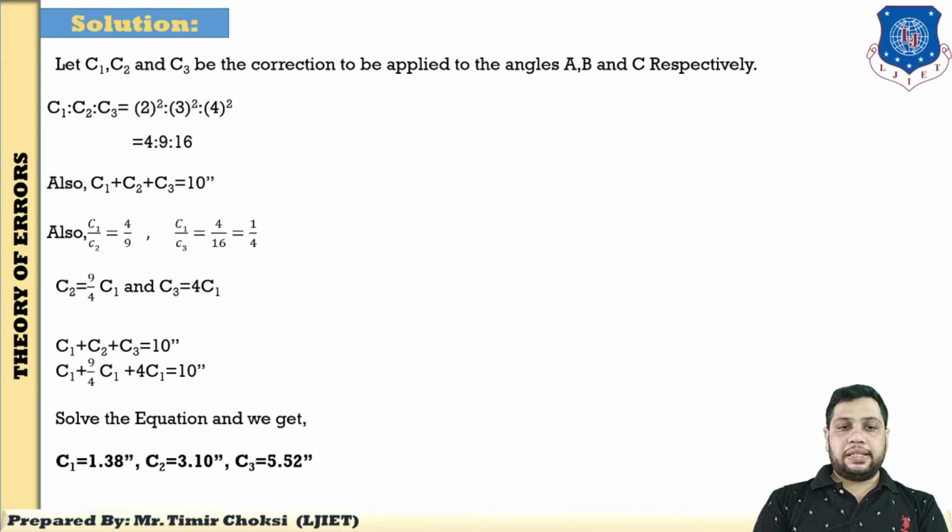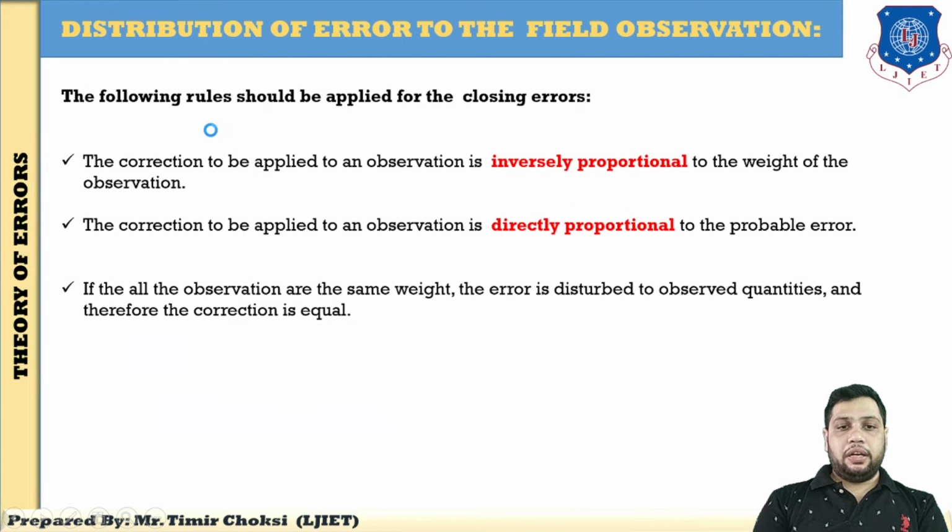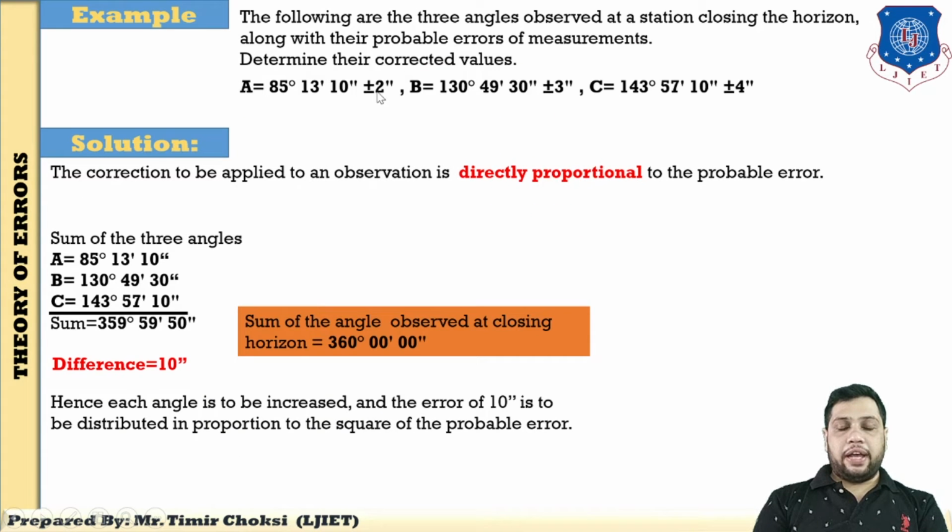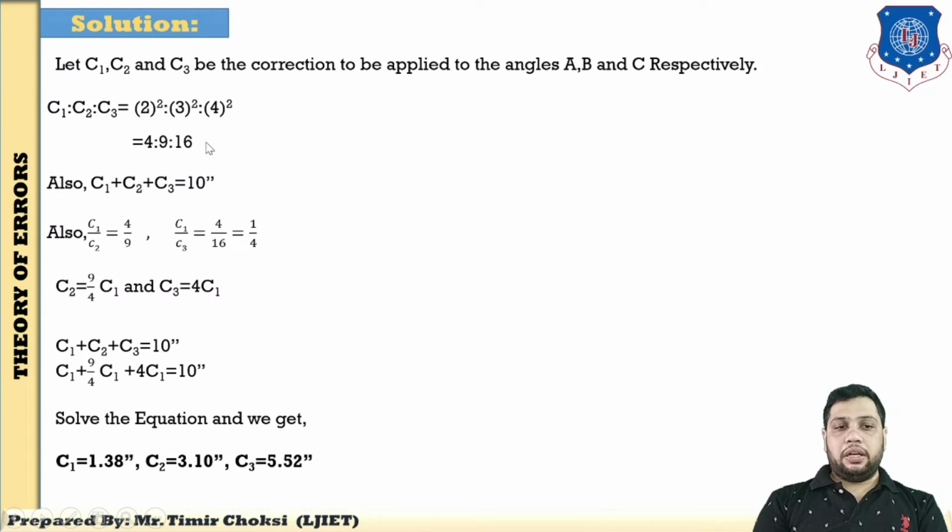So the rule says the correction is directly proportional to the square of the probable error. Here the given probable error in angle A is 2 seconds, in B 3 seconds, and in angle C 4 seconds. So C1 : C2 : C3 equals 2 squared : 3 squared : 4 squared, because it is directly proportional to the square of the probable error.